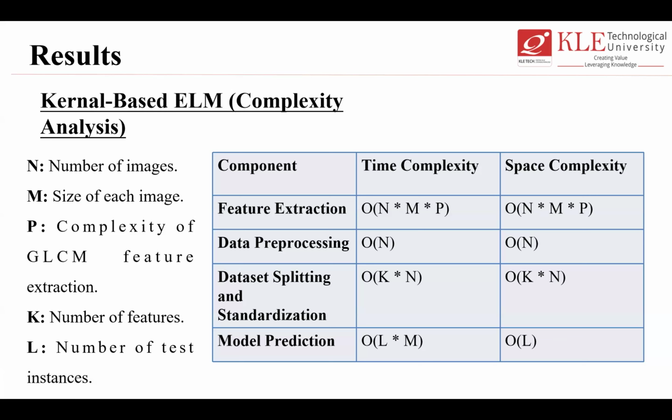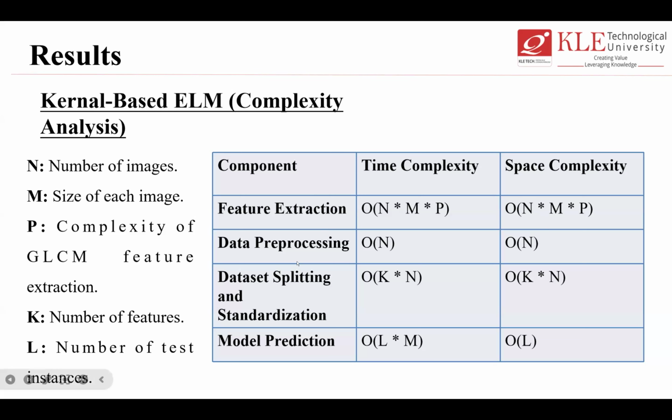This is the time complexity that we got for each component. This table shows all these components and their time complexity as well as space complexity analysis. For feature extraction, we got O(N into M into P), and for space complexity, O(N into M into P) again, which is average.